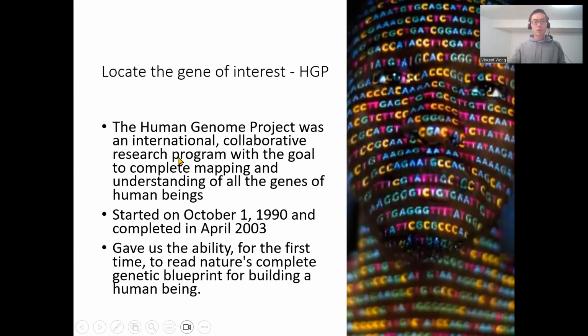The Human Genome Project was an international collaborative research program with the goal to completely map and understand all genes in humans. They wanted to figure out all the ACTGs in the whole body, what they do and what kind of protein they code for, and so on and so forth. It started on October 1st, 1990, and completed in April 2003.